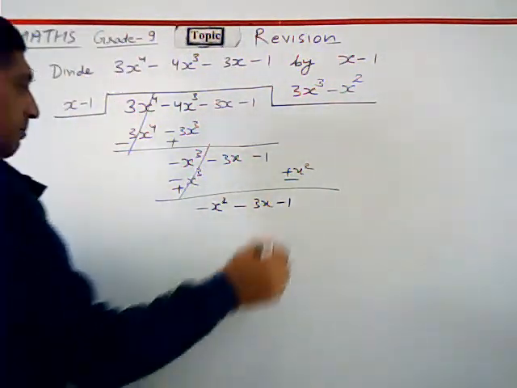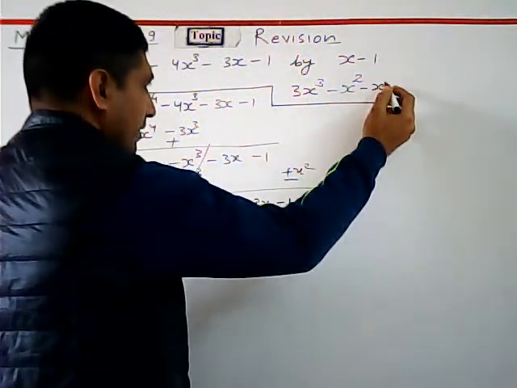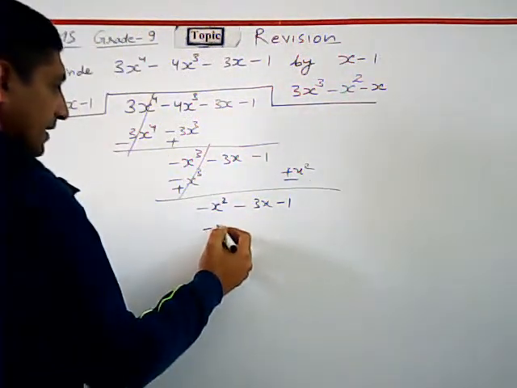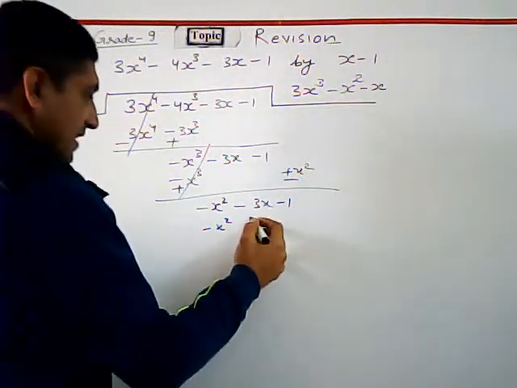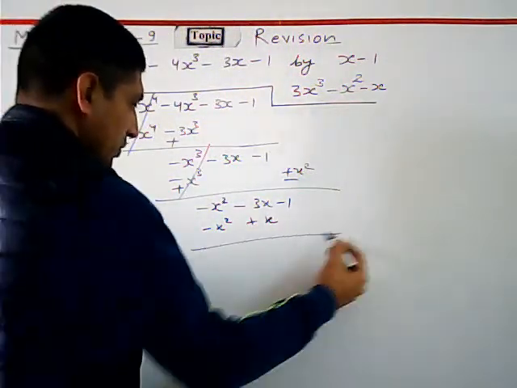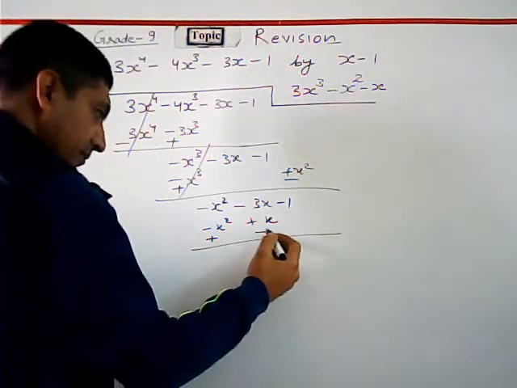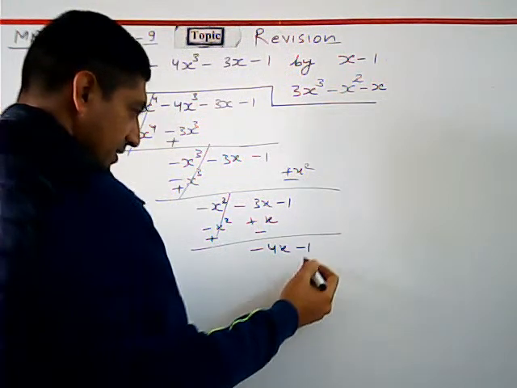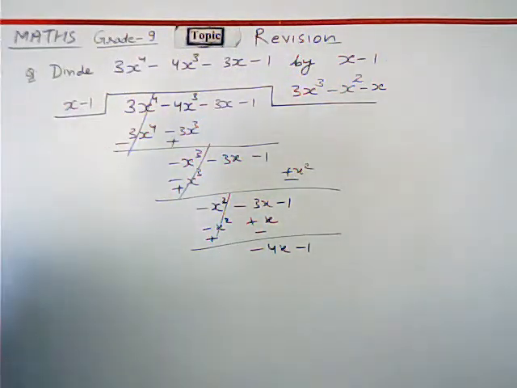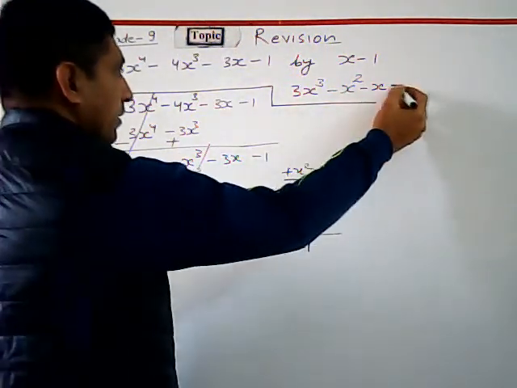So again here with minus x. When minus x, we will get minus x^2 and minus minus plus x, right? So when we add, we will subtract, and we have minus 4x minus 1. We start with minus 4.